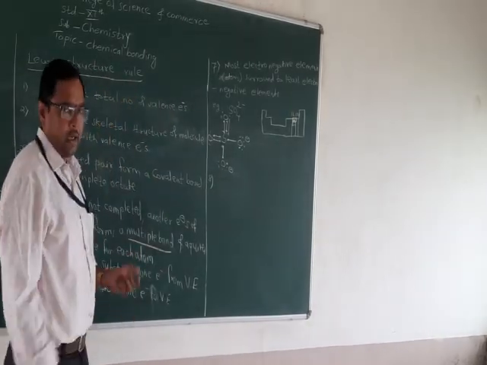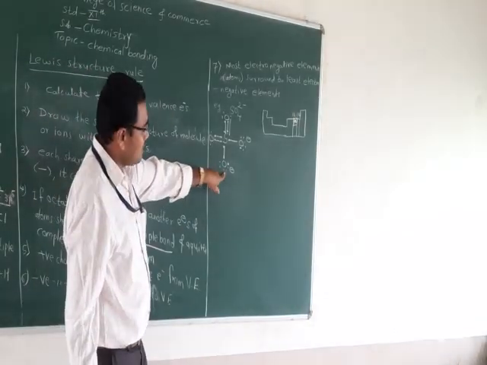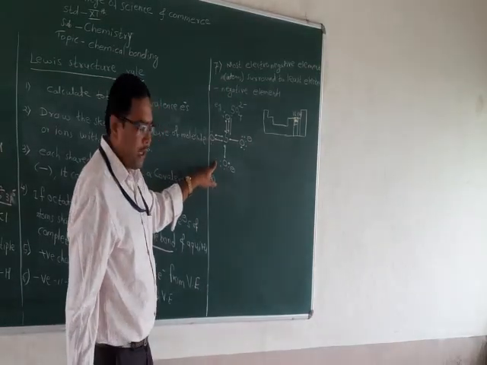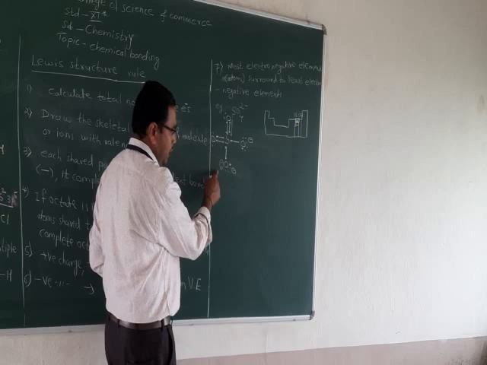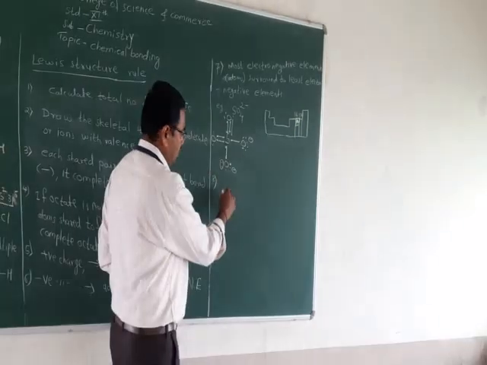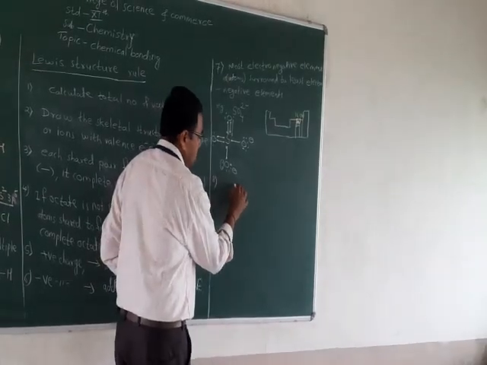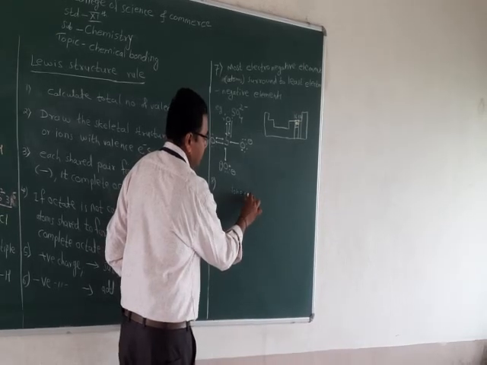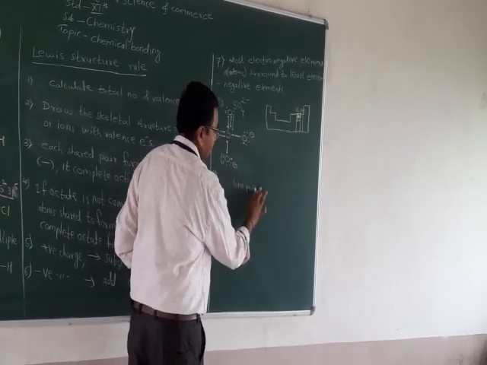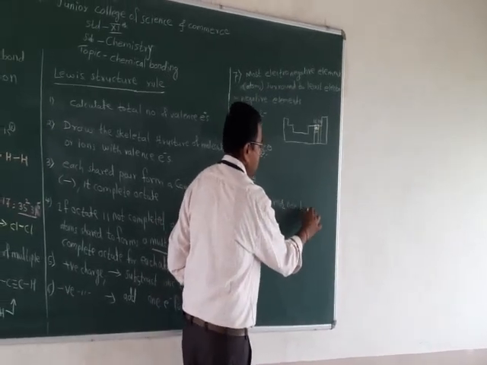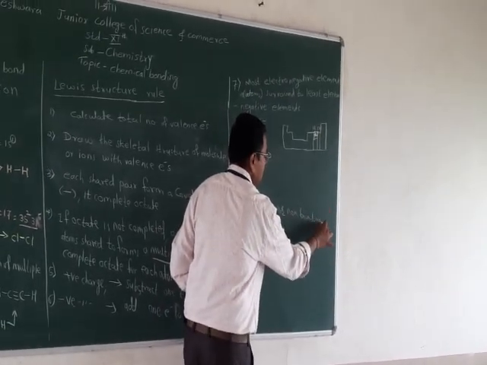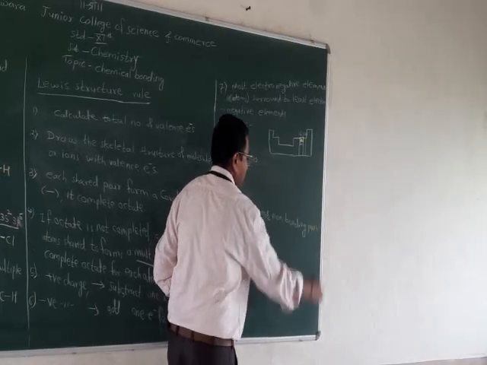Eighth rule. This eighth rule indicates that a non-bonding pair of electrons present on the elements, the dotted electron pair, is called a lone pair, or non-bonding pair.